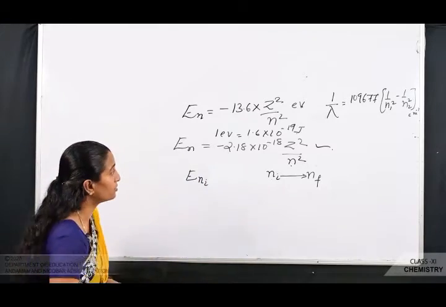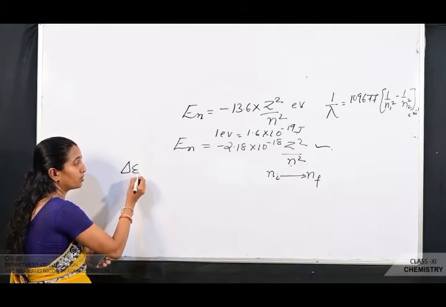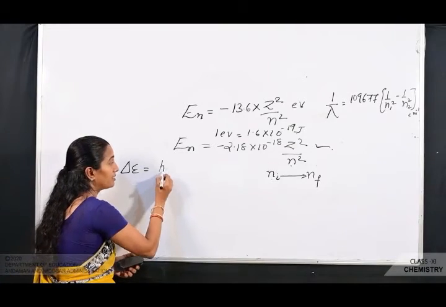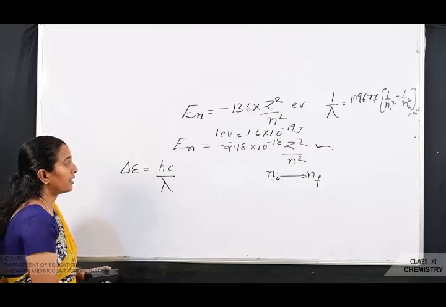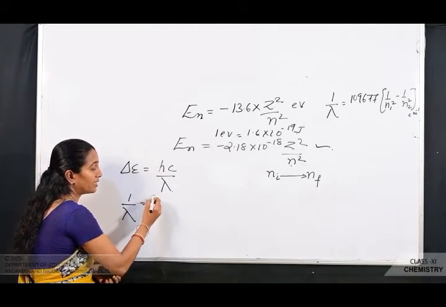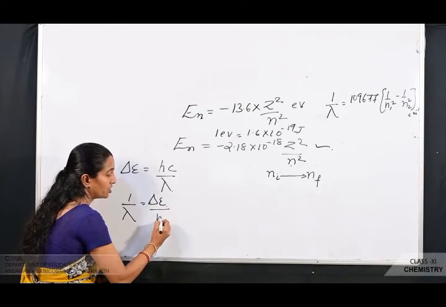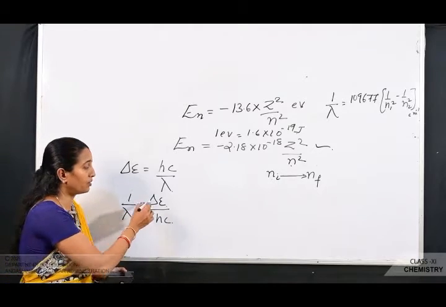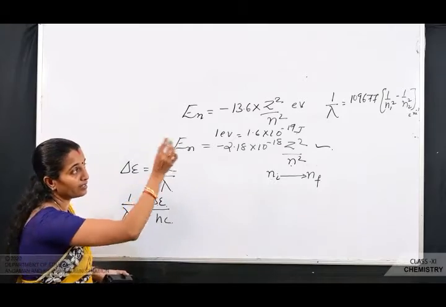According to the energy difference, delta E is given by hc by lambda. That means 1 by lambda equals delta E by hc. Now if we put in the value of the energy difference and the hc value, we will get the answer.